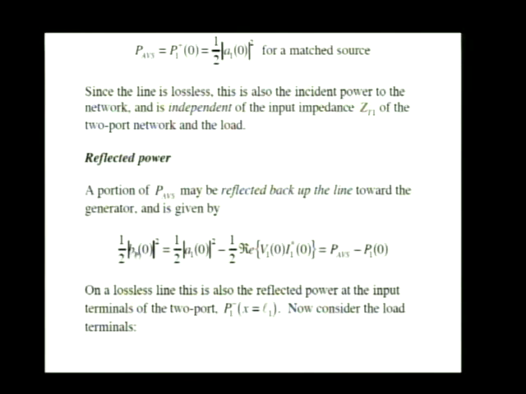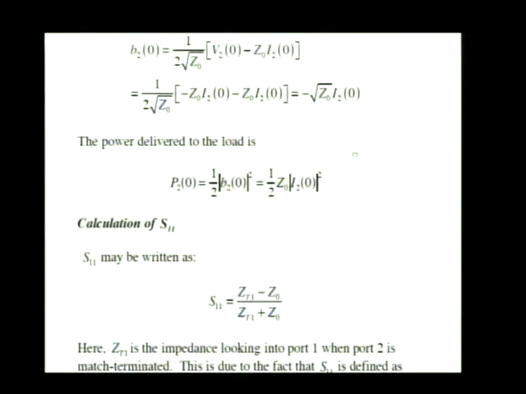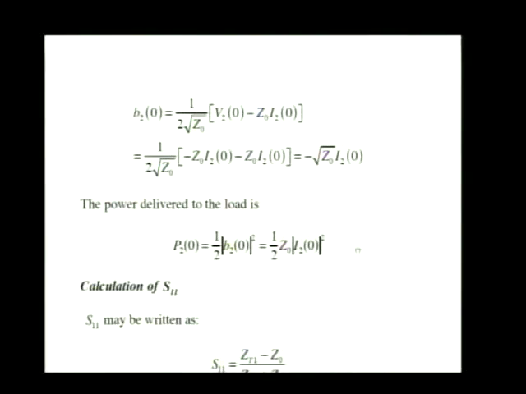That is to say, we looked at 1/2 of B1 squared and found out that it could be written in terms of the power supplied by the source minus the total power, and ended up with the quantity we had at the bottom of the previous page. Then we looked at the power delivered to the load, given by 1/2 of magnitude of B2 squared, and found that it could be written in this form.